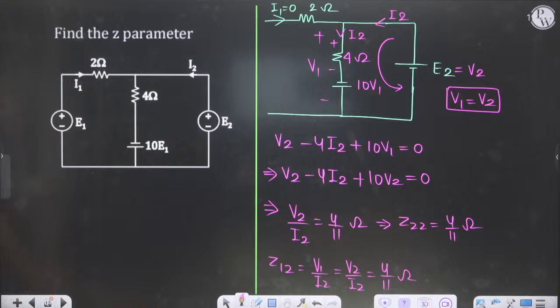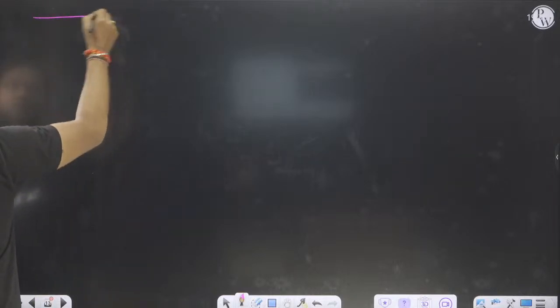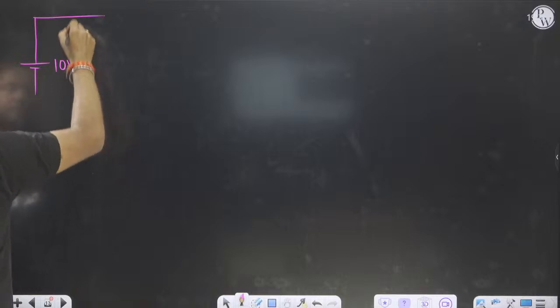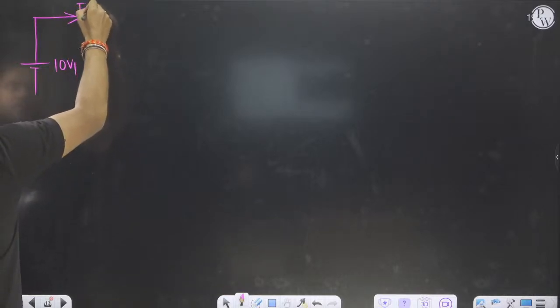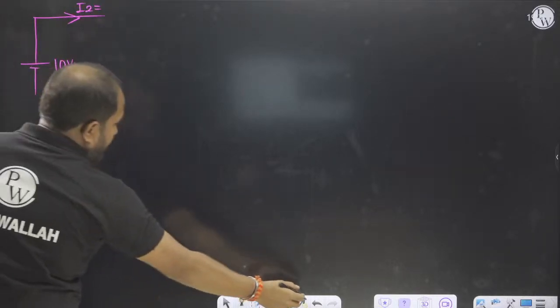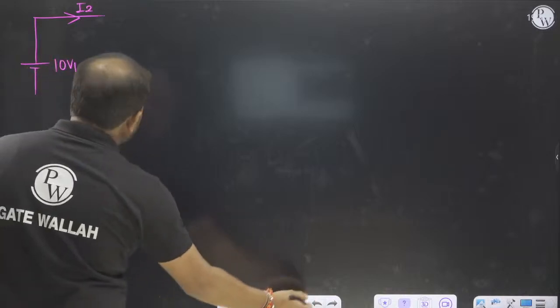Then the second point is we are going to make I2 equal to 0. This is 10 V1, I2 is equal to 0. I1 is non-zero and I2 is equal to 0.